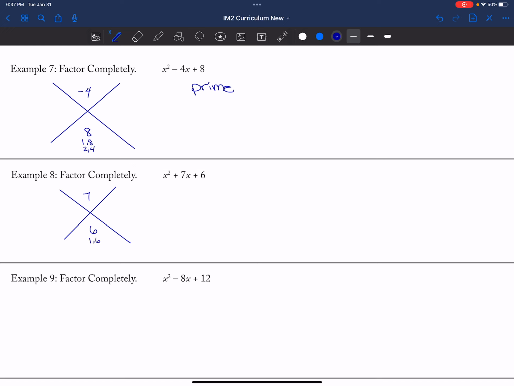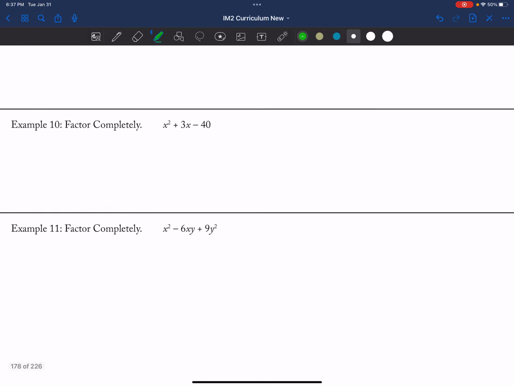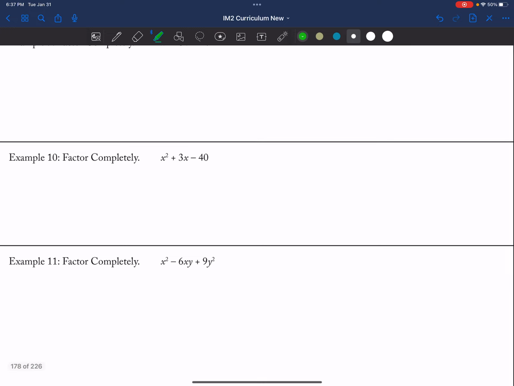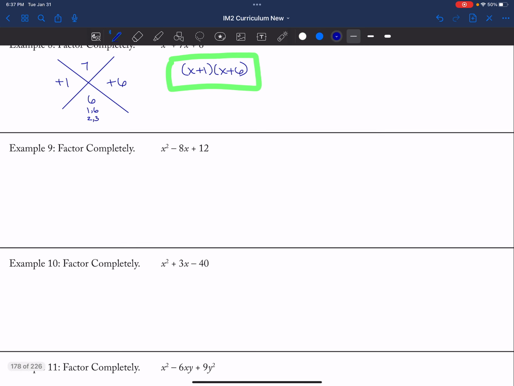Okay, so then I have 7 in the top and 6 in the bottom. So factors of 6, 1 and 6, 2 and 3. So my factors will be a positive 1 and a positive 6. So this is x plus 1 and x plus 6. And it doesn't matter whether or not the x plus 6 comes first or the x plus 1 comes first. Okay, and then let's see. So now, again, draw the x.